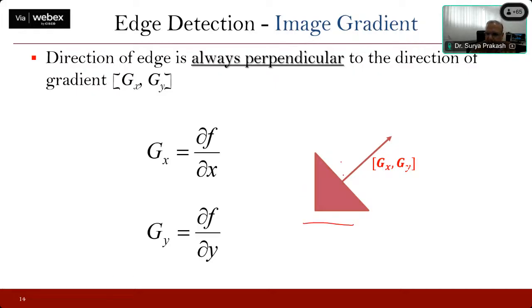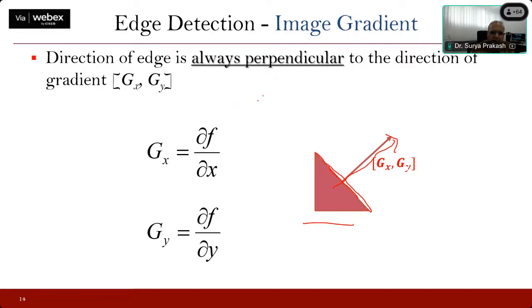You see this is the area and the edges here, and this direction is the gradient direction. The gradient direction tells you the direction in which there is a change in intensity, or maybe we can say the highest change in intensity.